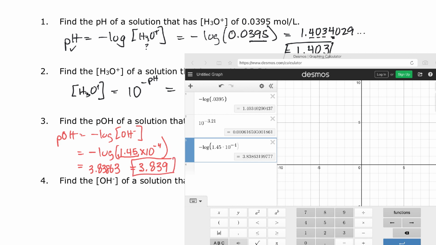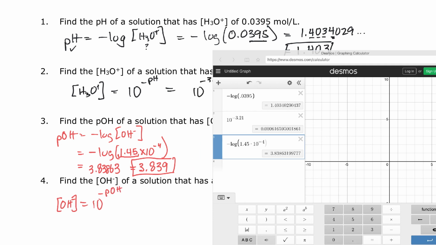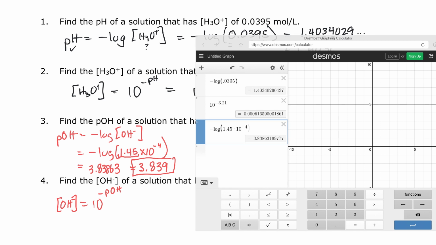Okay, and then the next question, same as number 2, but just with hydroxide ion concentration, is it's equal to 10 to the negative pOH. And they say in this question that pOH is 6.43, so 10 to the negative 6.43. Now that's a pOH, so there's 2 sig figs there.